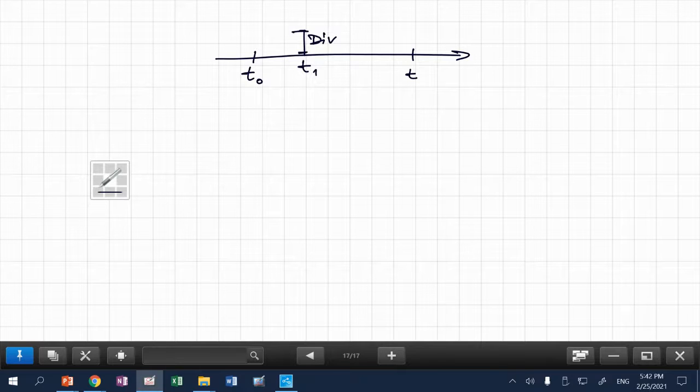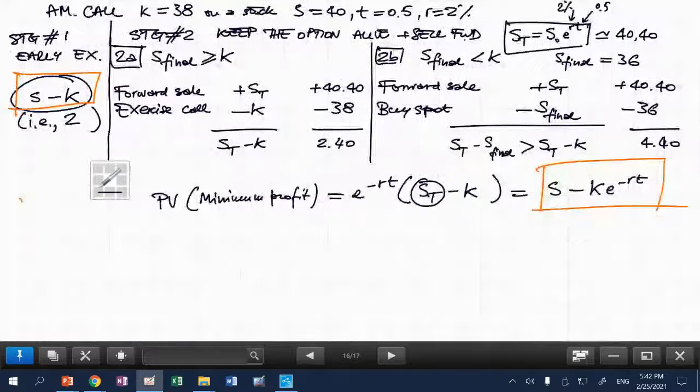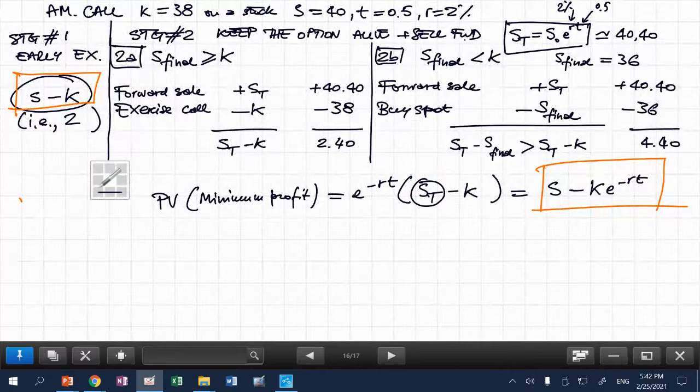Intuitively, the point is that if the dividends are trivial, you still don't exercise, but if the dividends are large enough, it might become convenient. In terms of super simple intuition, in numbers here we were comparing 2 with 2.38. If you have a dividend which is 0.70, maybe early exercise sounds reasonable, okay?